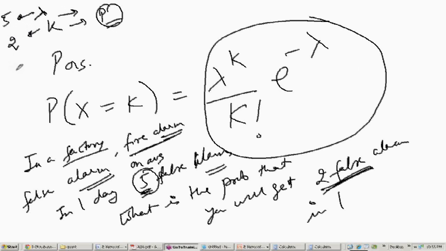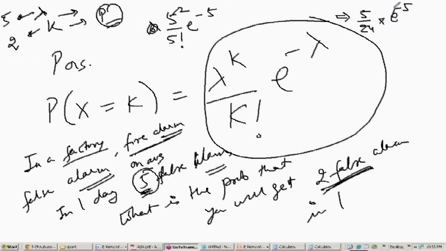Lambda is always the mean, so lambda is 5. What is k? k is 2. So the probability will be given as lambda squared, 5 squared, divided by 2 factorial, times e to the power minus 5. This is how you will compute.